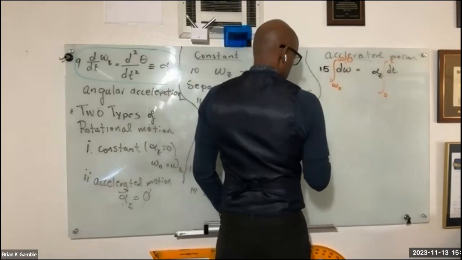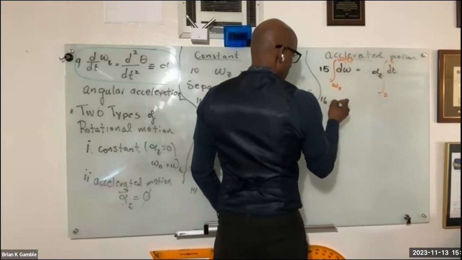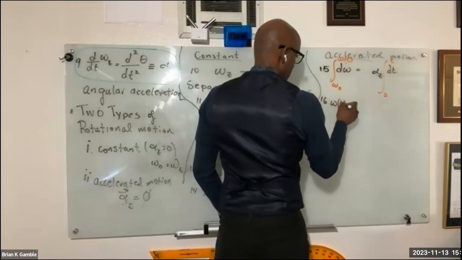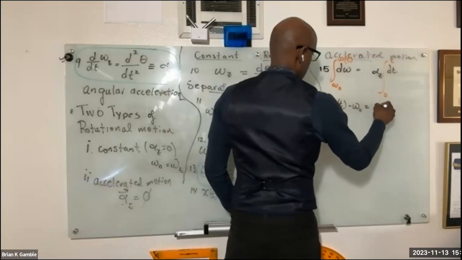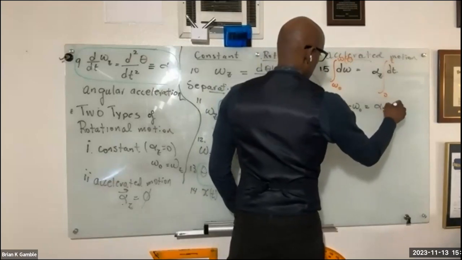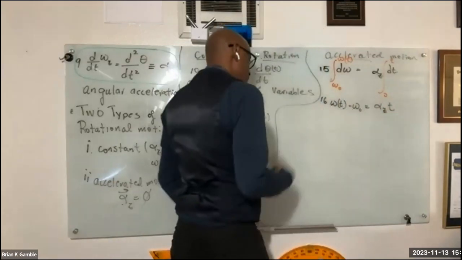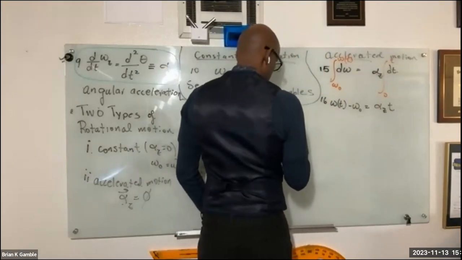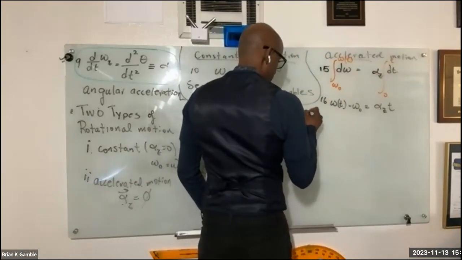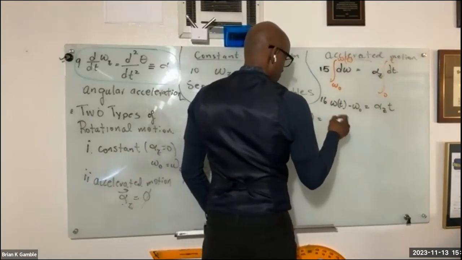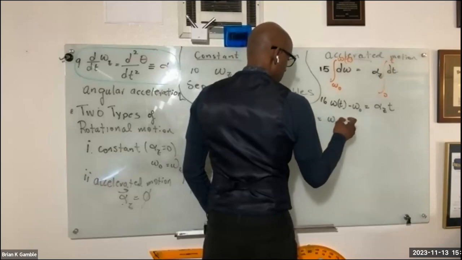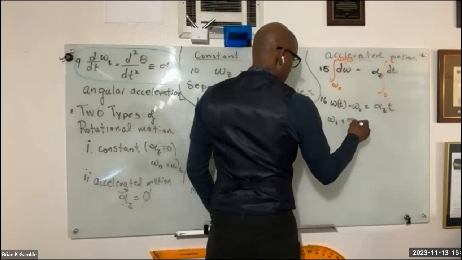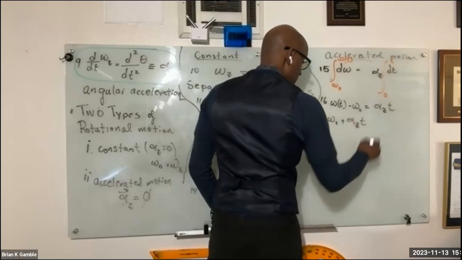So we get omega t minus omega naught, and that's equal to alpha z times t. Then solving for omega t, we have omega t is equal to omega naught plus alpha z times t.